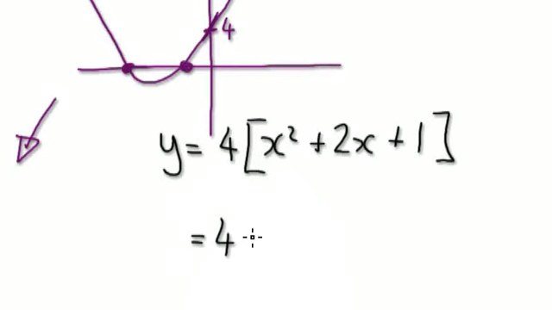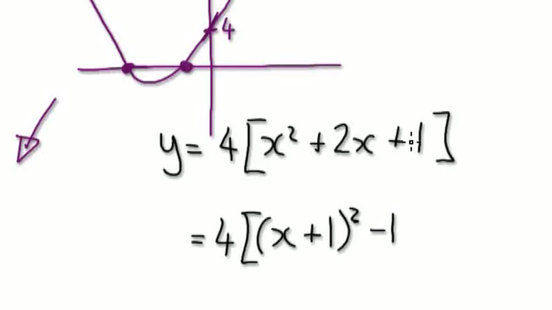So this will be 4 squared bracket x plus, I need half of this, half of 2, which is 1. So plus 1 squared, and then immediately take away the rubbish, minus 1 squared. Then take this thing down, plus 1, and close it off.